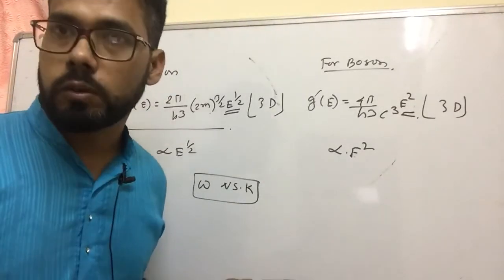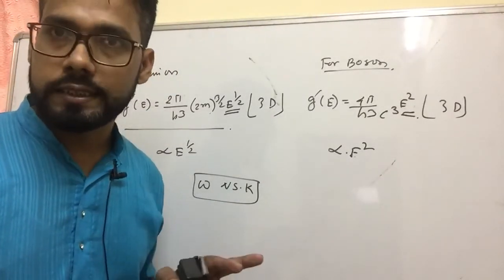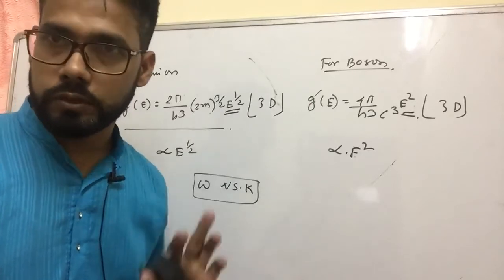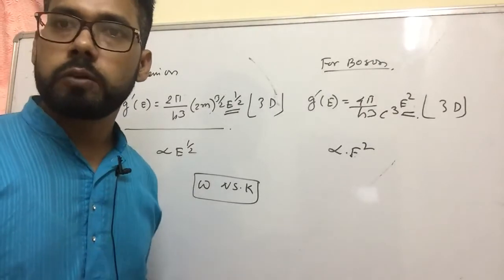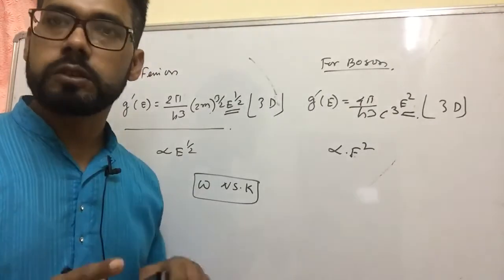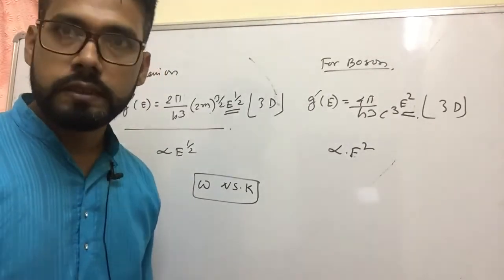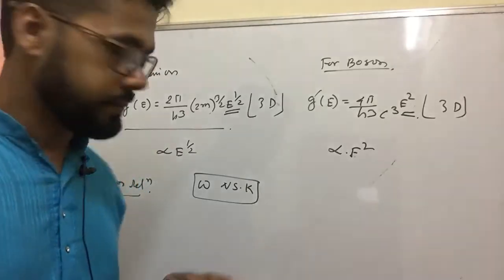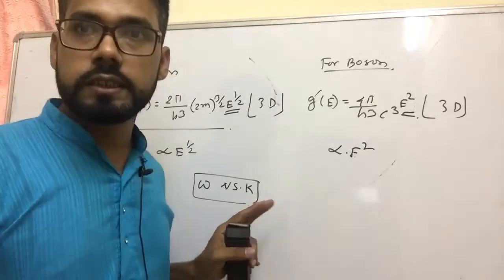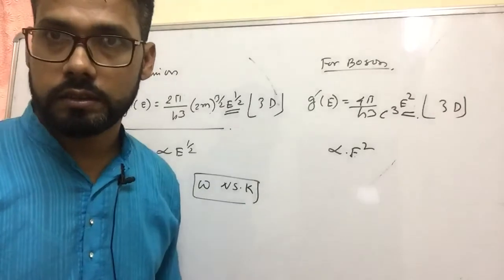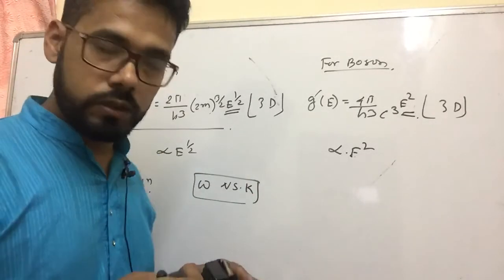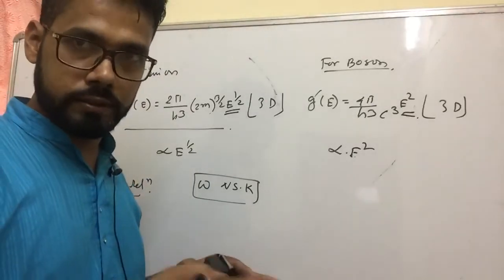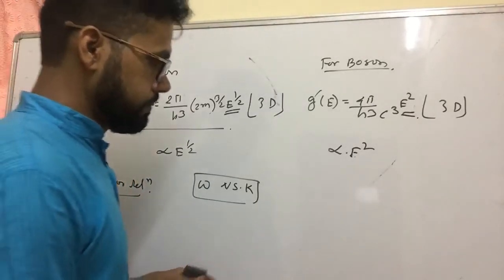When you talk about an electromagnetic wave, omega is the frequency associated with a photon or electromagnetic radiation. When you talk about a matter wave, omega is the frequency associated with a matter wave, a sound wave suppose, or a phonon. And K is the wave vector, the propagation vector; it gives the direction in which the wave is propagating.